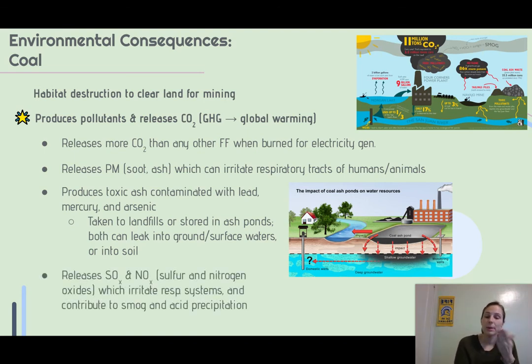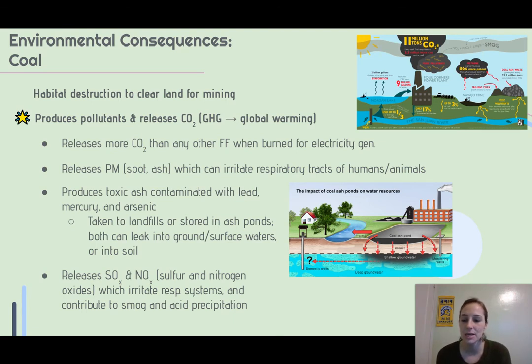Now, another pollutant that is released from this, which we will learn some more about in our air pollution unit, is SOx and NOx, which stand for sulfur oxides and nitrogen oxides. The little x represents that we have different molecules here, but for short, you can call them SOx and NOx.